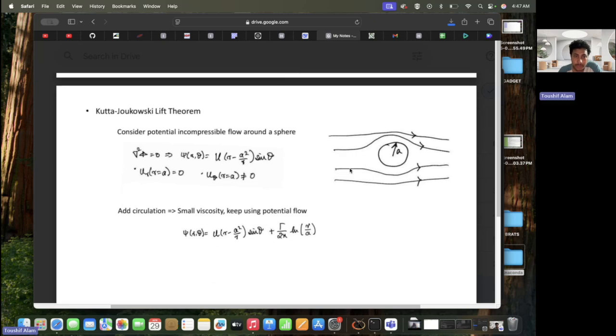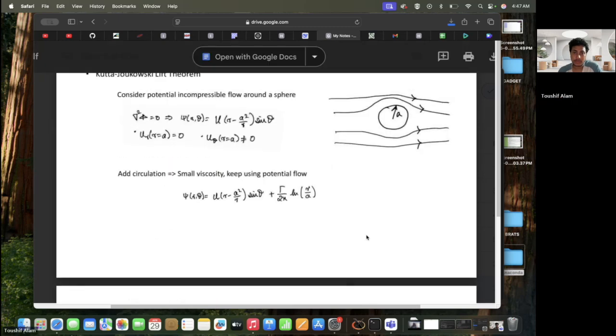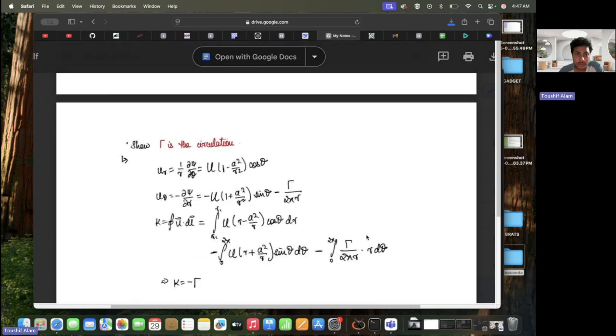And if we add the circulation, there will be a small viscosity effect in the potential flow. So psi of r, theta will be u r minus a square by r sin theta plus gamma by 2 pi ln r by a, right? There is a homework for you. Gamma is the circulation. So u r will be 1 by r del psi by del theta.